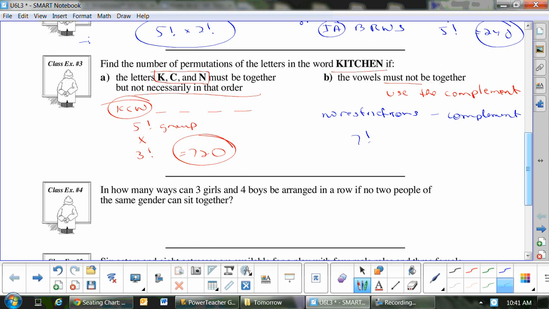What is the complement of the vowels cannot be together? The vowels must be together. Okay? So how about 7 factorial minus vowels must be together? How would you do vowels must be together?